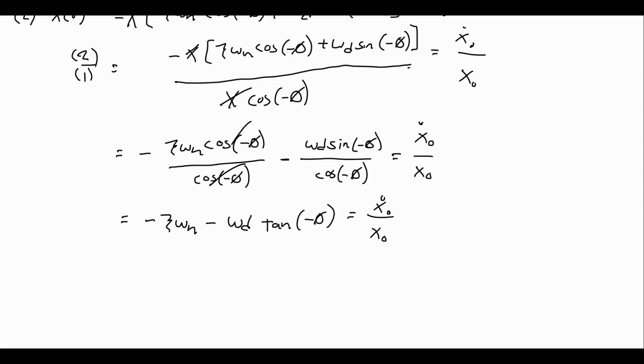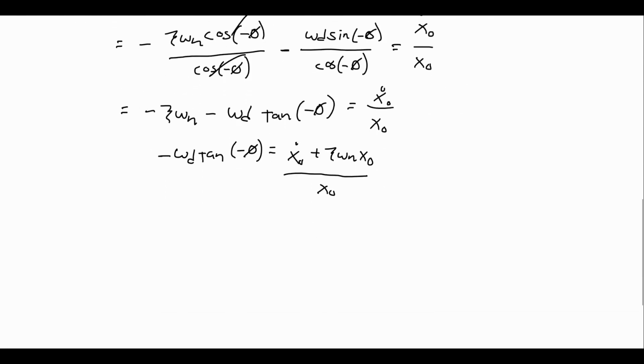Okay, and now let's take this tangent negative phi. I'm going to add that zeta omega_n to both sides. So on my right-hand side, I will have this x naught dot plus zeta omega_n x naught over x naught.